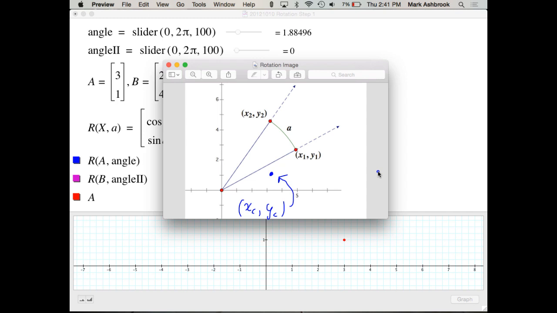Starting from any point XC, YC, rotating a second point around that. So we want to start from scratch and try to work through the same mathematics that we worked through. It's really similar, but it's a little more complicated, though not much, because instead of 0, 0, you have XC, YC. C for center.